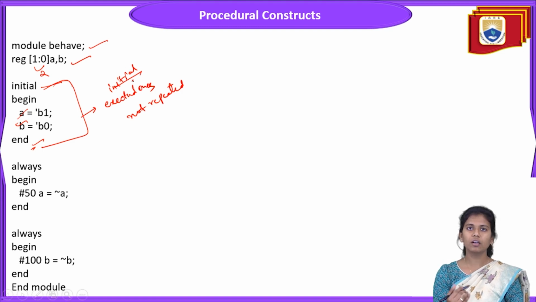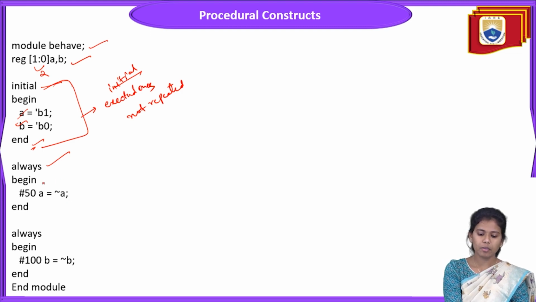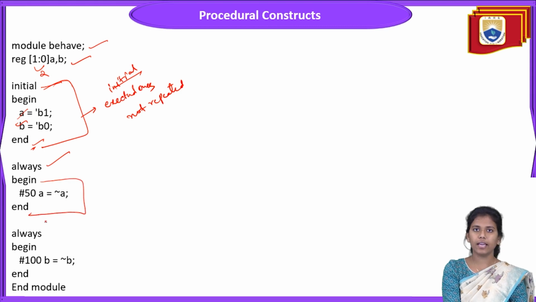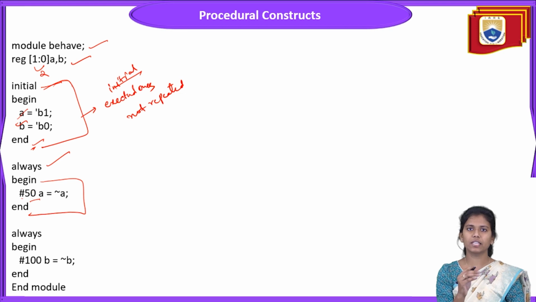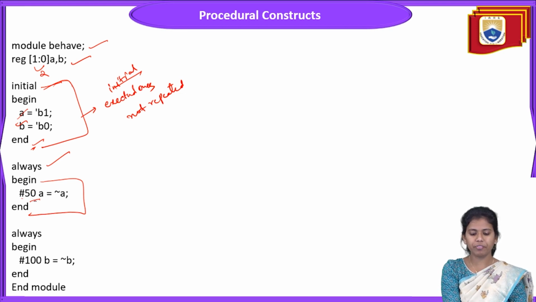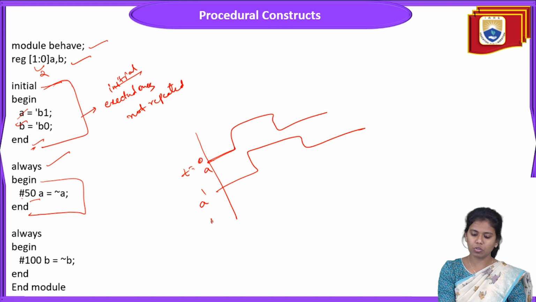Next comes the second procedural construct, that is always, again with begin and end. Here, 50 A equals not A. This 50 is nothing but the delay, for example 50 nanoseconds of delay. Both the inputs start at 0 at time t equals 0.